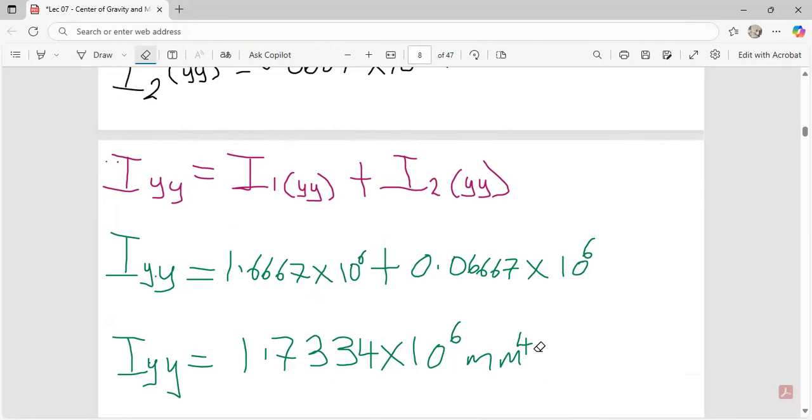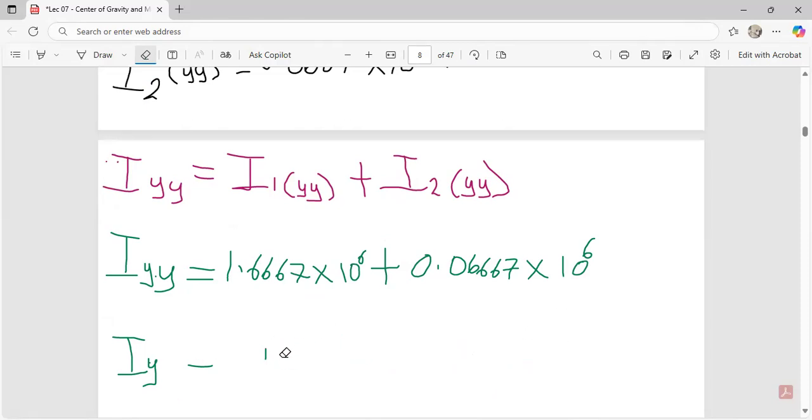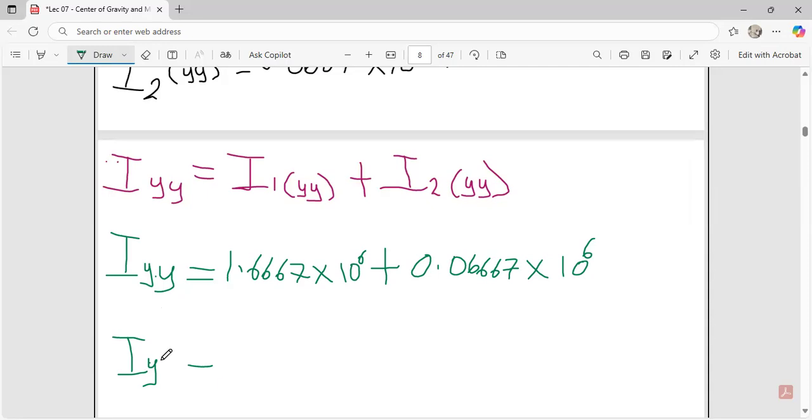If you punch your answer on a calculator, you are going to get 1733370 exponent of 4.